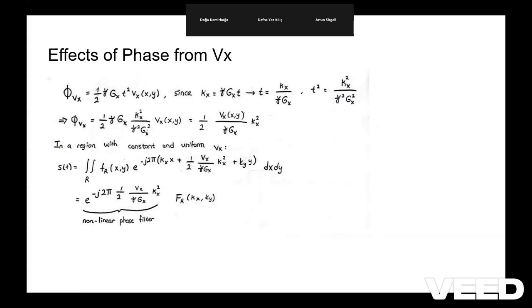However, this time the additional term does not amount to a shift, but a nonlinear phase, but can be imagined as a nonlinear phase filter. This will cause different frequency components of the image to be shifted different amounts, or rather phase in different amounts, which will disperse the reconstructed image if we reconstruct it using the inverse Fourier transform.